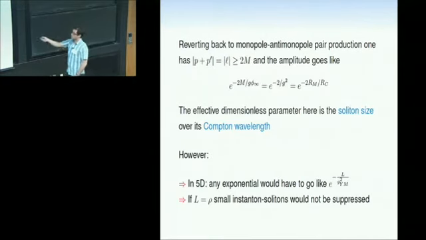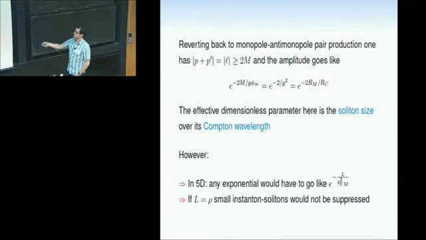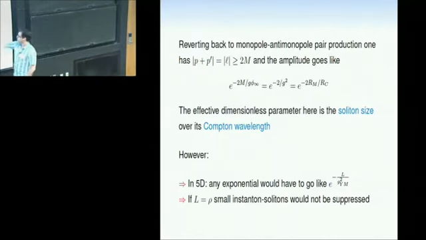So there is another nice way of rewriting this result in terms of this effective dimensionless parameter of the size of the soliton over its Compton wavelength. And in fact, if you try and extrapolate that to the 5-dimensional case, you immediately see that you'll get something which looks like this in the exponent, g squared in the denominator, but a dimensionful length scale in the numerator.